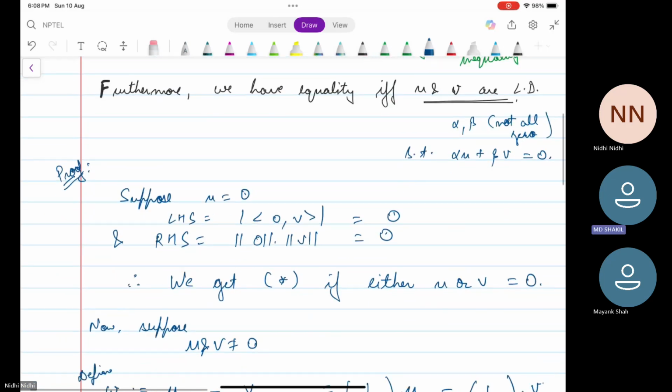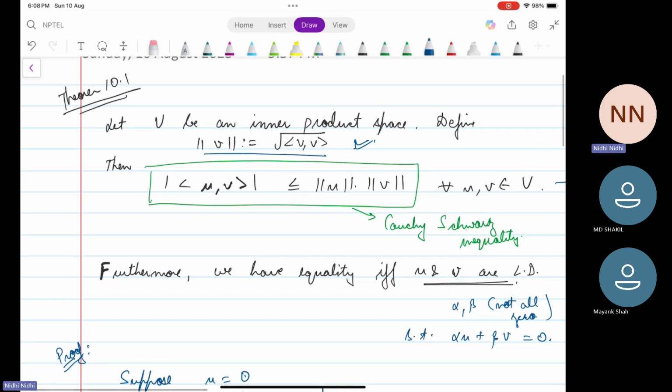Is it a norm? Yes, it will form a norm. I think it must have been done somewhere. This is how we define norm on an inner product space. In proving that this is a norm, in Corollary 10.1, it uses the fact of the Cauchy-Schwarz inequality.